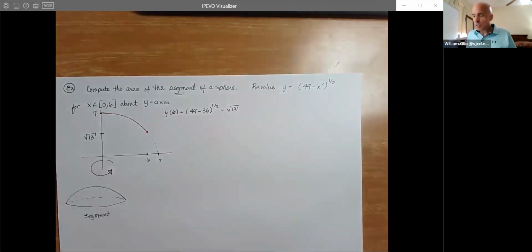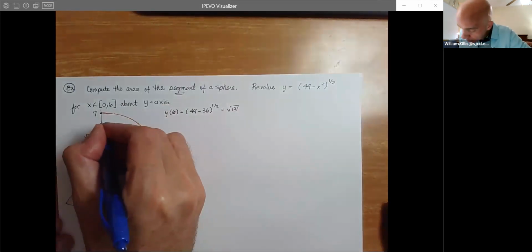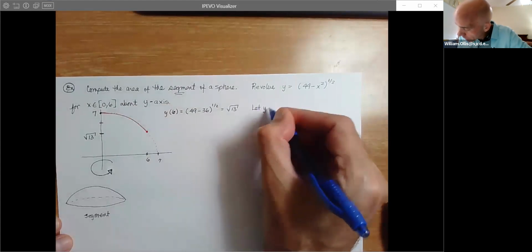So I like to do things in a way that makes sense algebraically and geometrically. So now, if we're revolving about the y-axis, we can just pick a y. So let y live here.